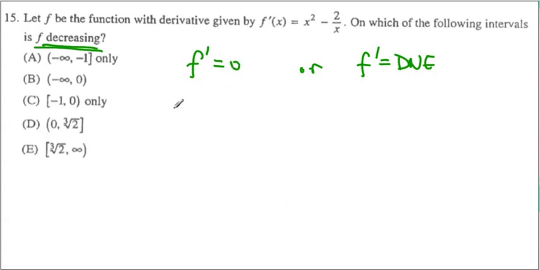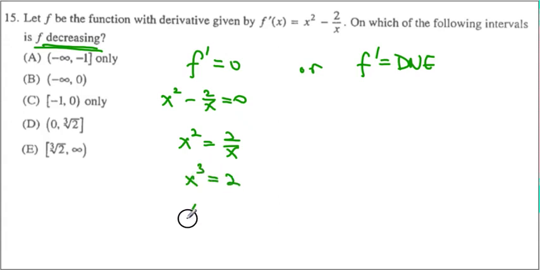To make that equal to 0, we can simply say x squared minus 2 over x has to be equal to 0. Then we get to realize x squared must be equal to 2 over x. By cross multiplying, we get to realize x cubed is equal to 2, where x is equal to cube root of 2. That's basically how we can find the one boundary.